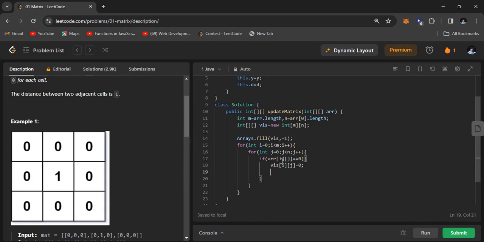And if you find array ij equals 0, make visited ij equals 0 and put that in the queue. For that purpose, make one queue, not of integer, here the queue will be of pair class. Queue equals new ArrayDeque, because here we use a queue of pair class.